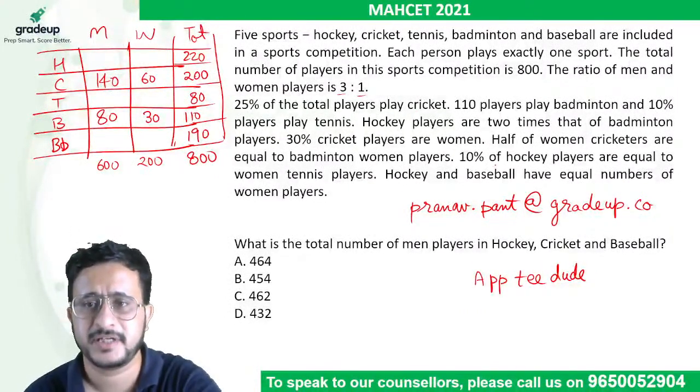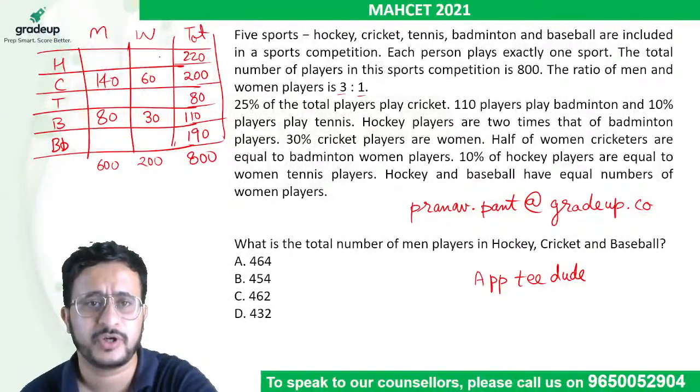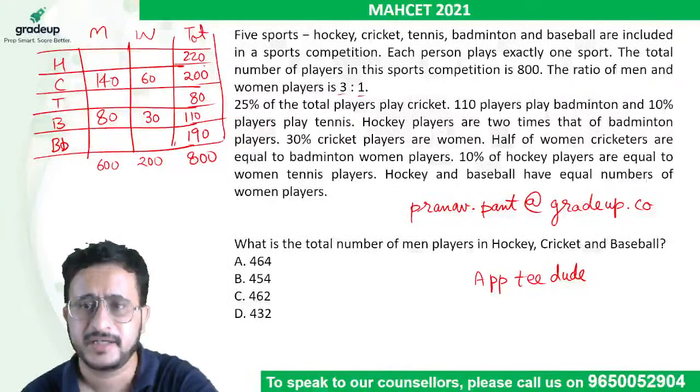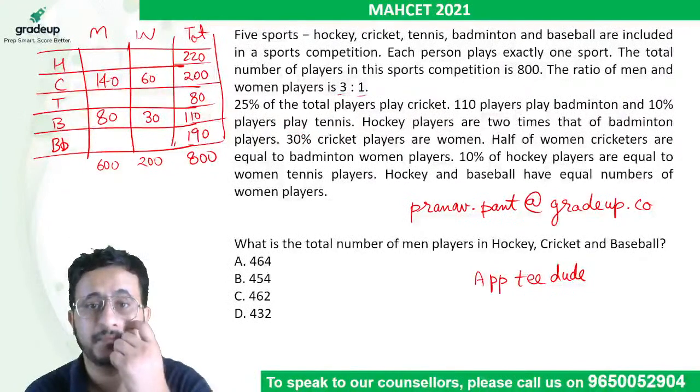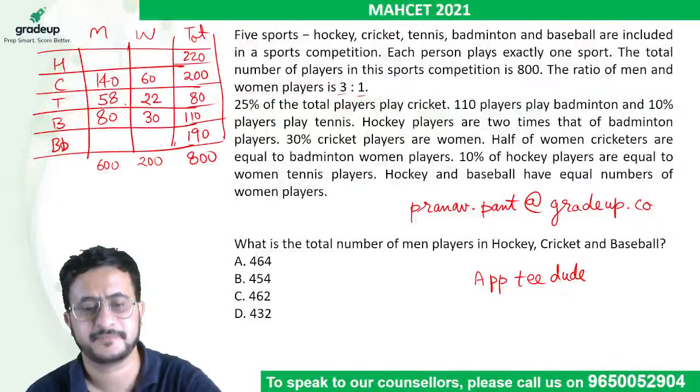Okay, 10% of hockey players are equal to women tennis players, so hockey players 220, right? 10% of that is 22. Okay, 22 women tennis players. So how many men tennis players? 58.